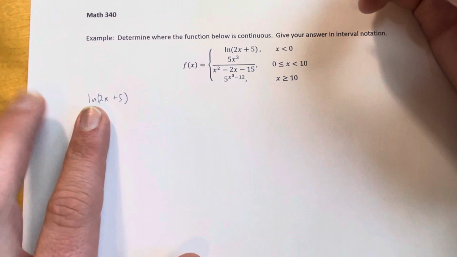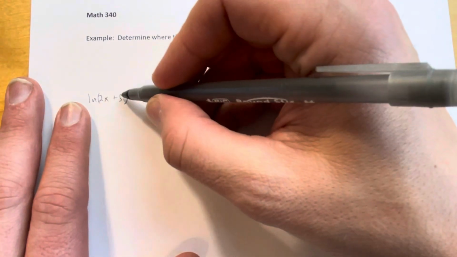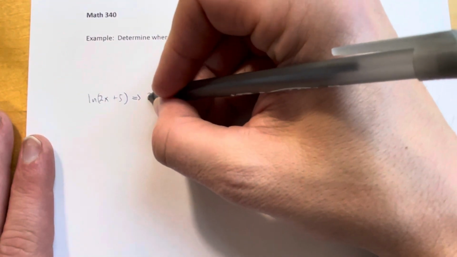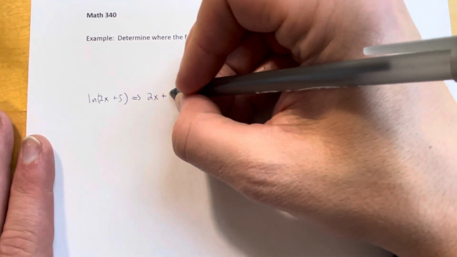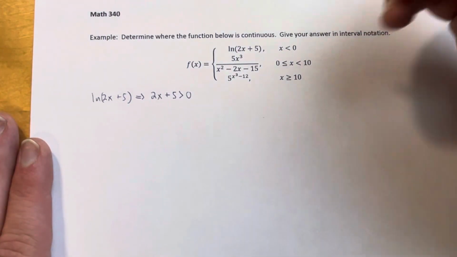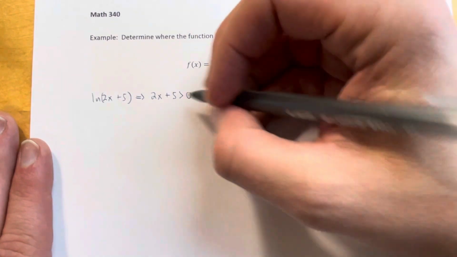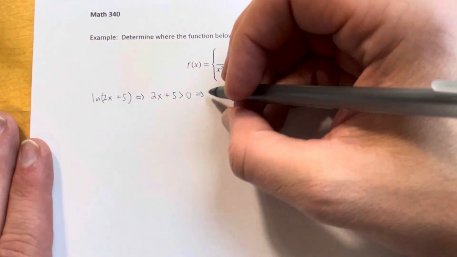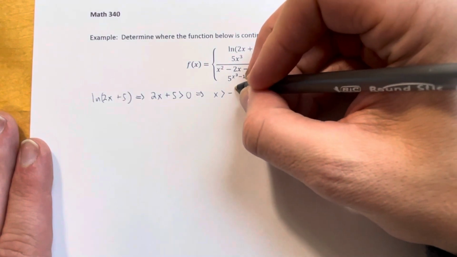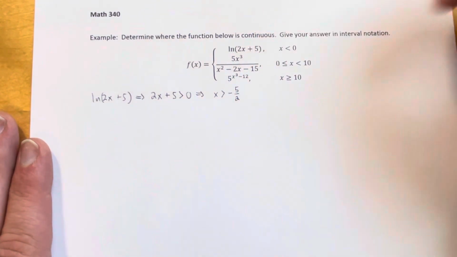So this guy we know, because it's a logarithm, that 2x plus 5 on the inside there has to be greater than 0. That's the condition with logarithms. So 2x plus 5 must be greater than 0, or else that log is not defined. This would imply, after a couple of steps, we can solve for x, that x is greater than negative 5/2. Okay?